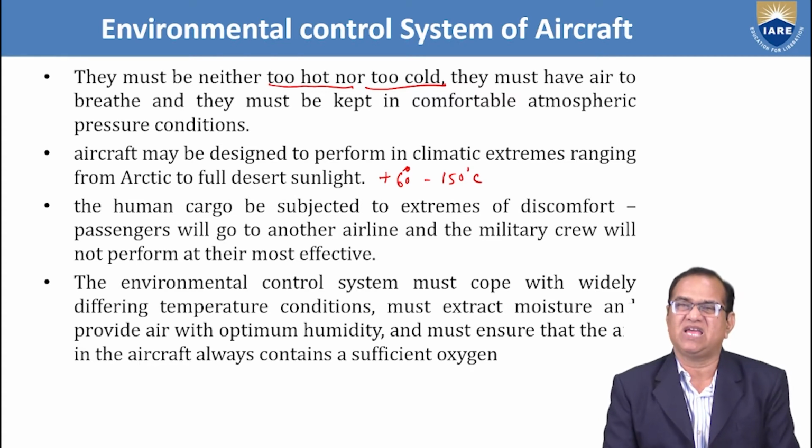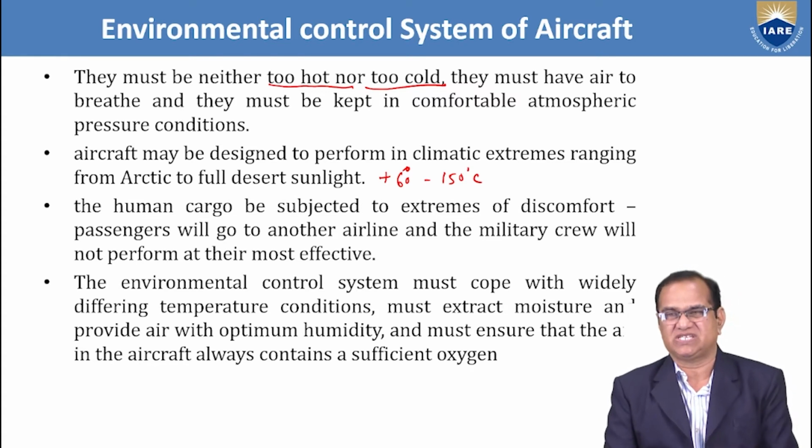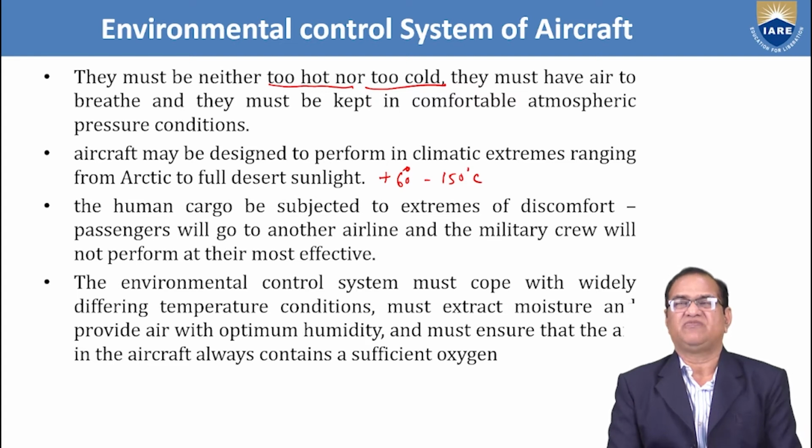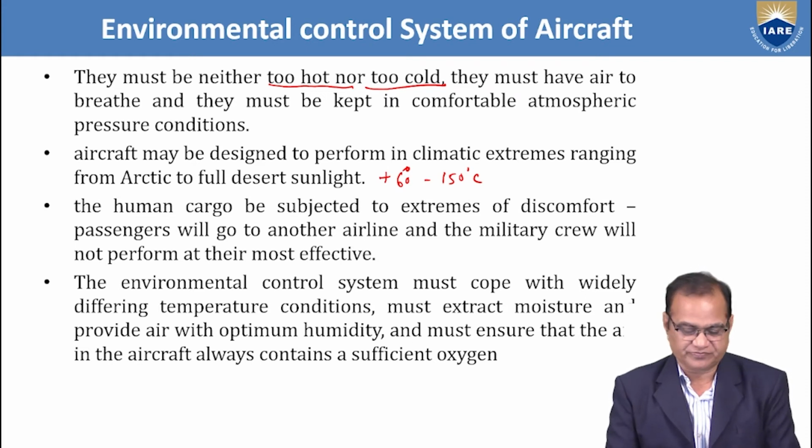At any type of climatic change, the air inside the aircraft, the effective pressure, temperature and required density have to be maintained, so that the efficiency of the aircraft is increased, the efficiency of the air crew and staff is increased, and the avionics and other equipment inside the aircraft function well.